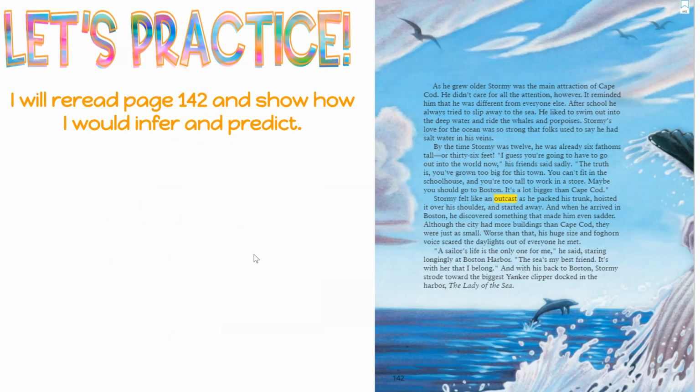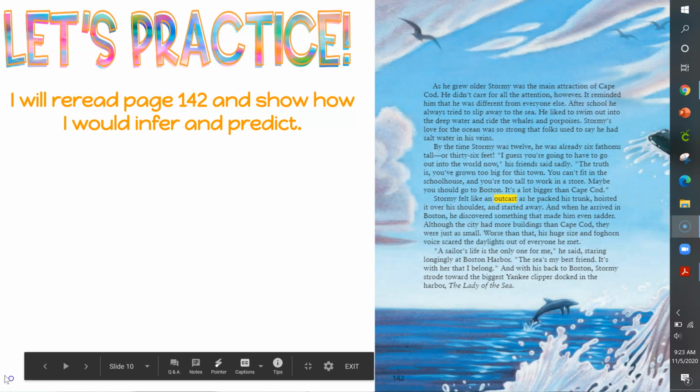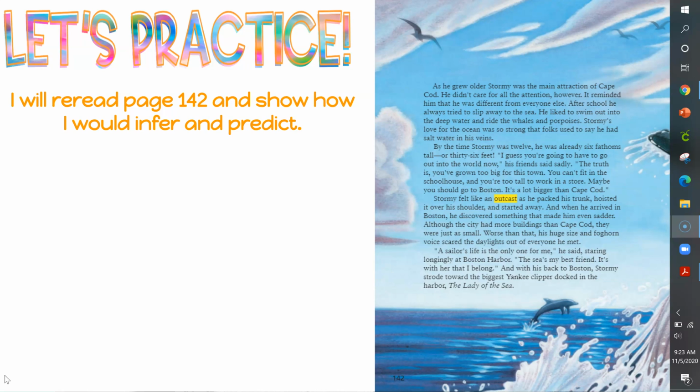Let's practice. I'm going to reread page 142 and show you just how I would make an inference and make a prediction. As he grew older, Stormy was the main attraction of Cape Cod. He didn't care for all the attention. However, it reminded him that he was different from everyone else. After school, he always tried to slip away to the sea.